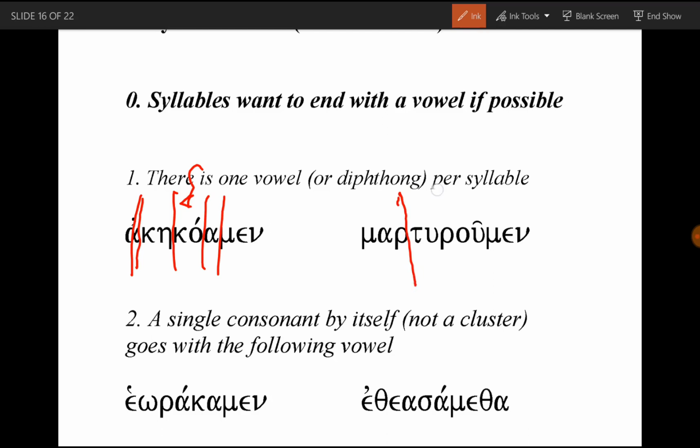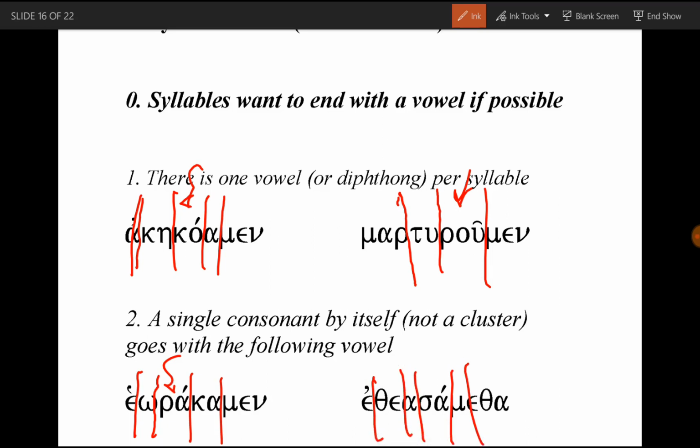Mar, to, rumen. Mar, to, rumen. I put the stress here. He, o, ra, kamen. So he, o, ra, kamen. Stress is here. E, the, a, sa, metha, and the stress is there.